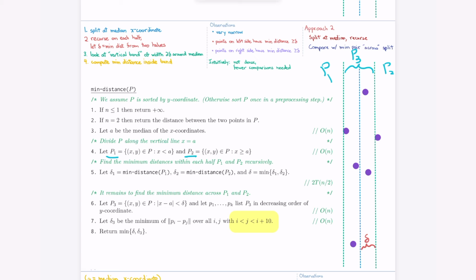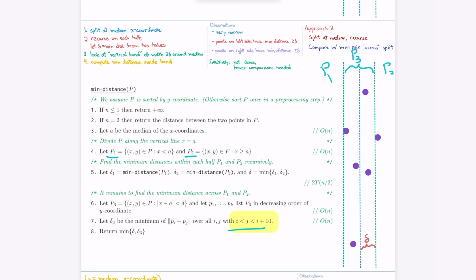And I'll list the points in order: the first top point, second point, third point, fourth point, fifth. This code is saying, if I'm at the fifth point, I only need to compare myself to point 6 through point 15. 10 is some conservative number; you could probably get it down if you wanted.